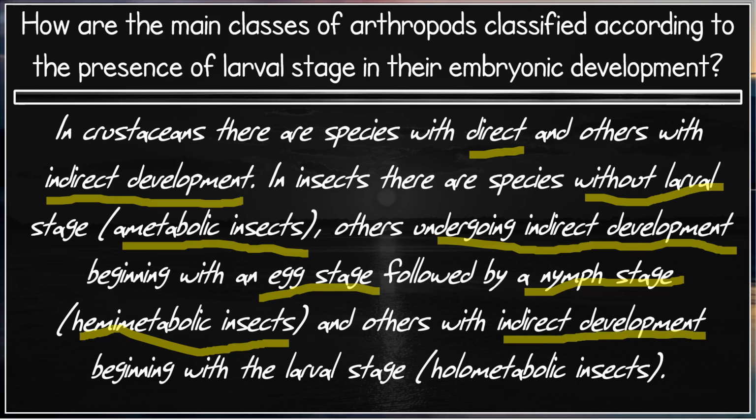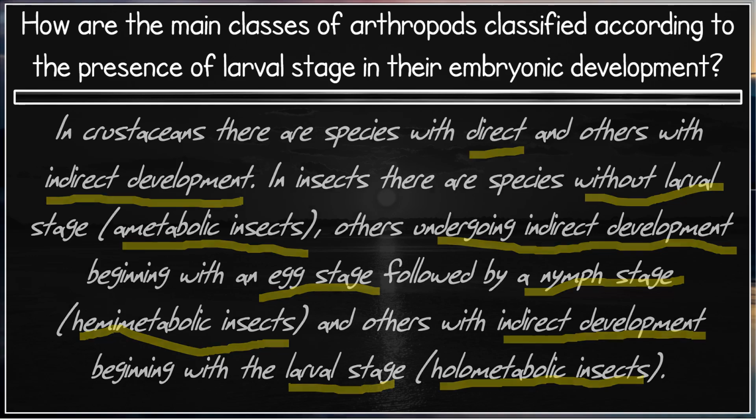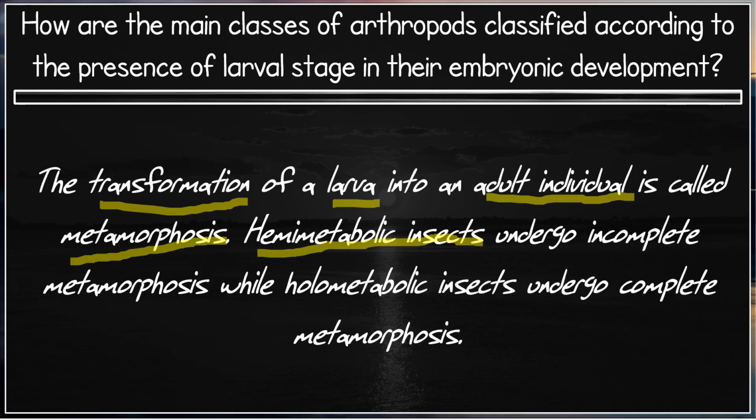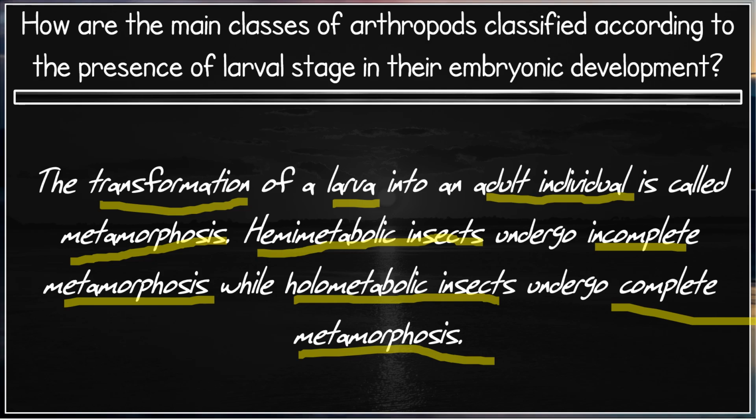Others have indirect development, beginning with the larva stage: the holometabolic insects. The transformation of the larva into an adult individual is called metamorphosis. Hemimetabolic insects undergo incomplete metamorphosis, while holometabolic insects undergo complete metamorphosis.